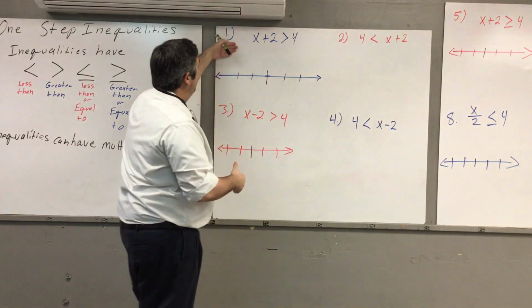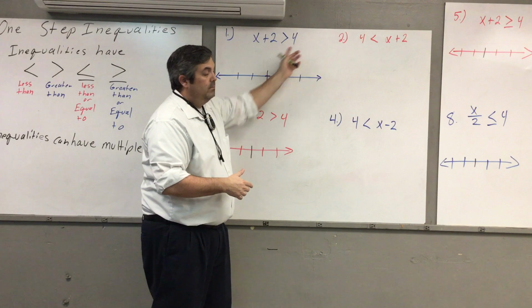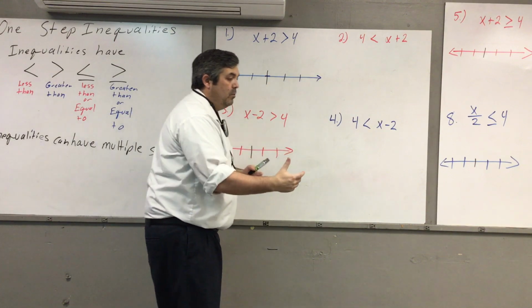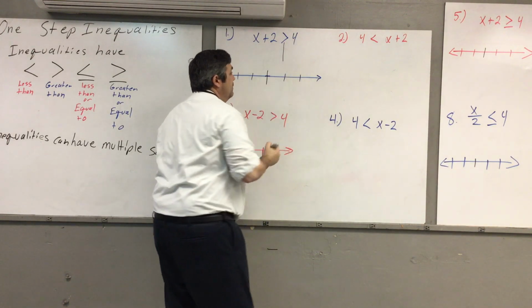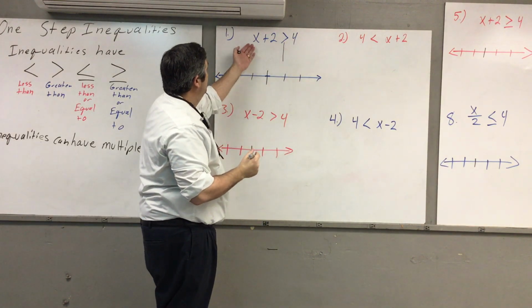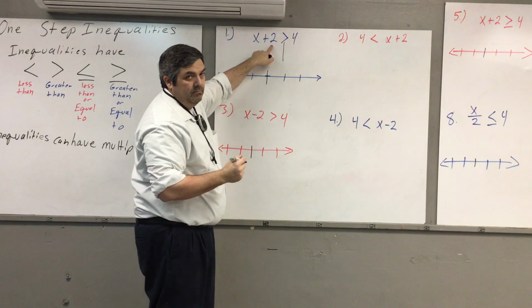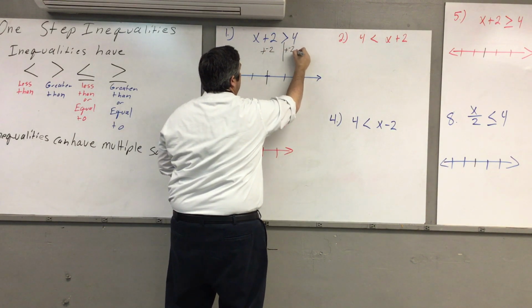Okay, so here we have x plus 2 is greater than 4. I'm going to do the exact same thing I did in a one-step equation. I'm going to draw my line, just like I did before, and then see what's happening here. I'm going to add my inverse, add -2 to both sides.